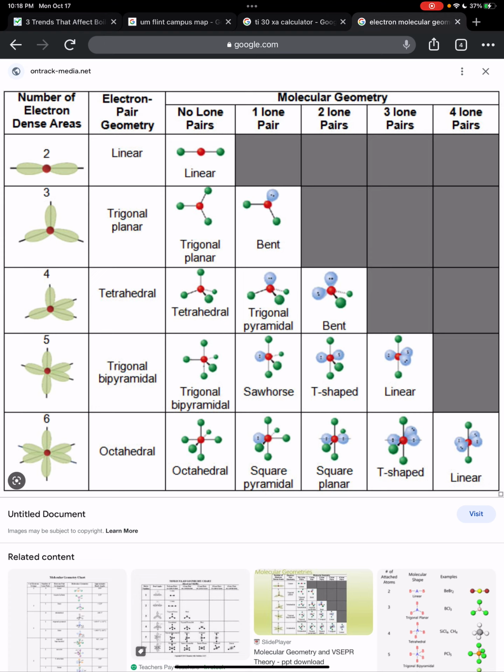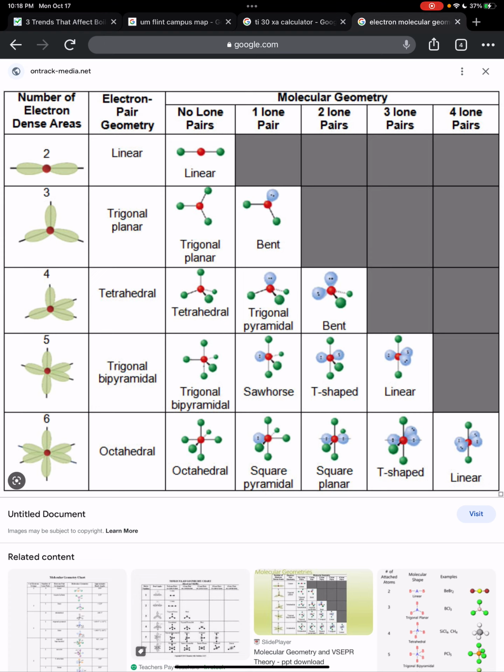And then moving over to that molecular geometry column at the top, it says no lone pairs, 1 lone pair, 2, 3, or 4. So our molecule has 4 electron groups. And then if we follow over into the 1 lone pair column, it says trigonal pyramidal. So our molecule has 4 electron groups, one of which is a lone pair.